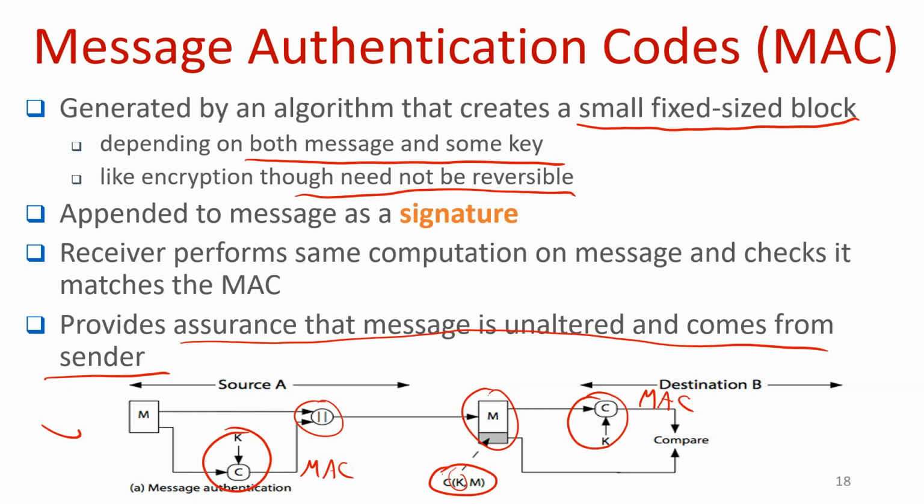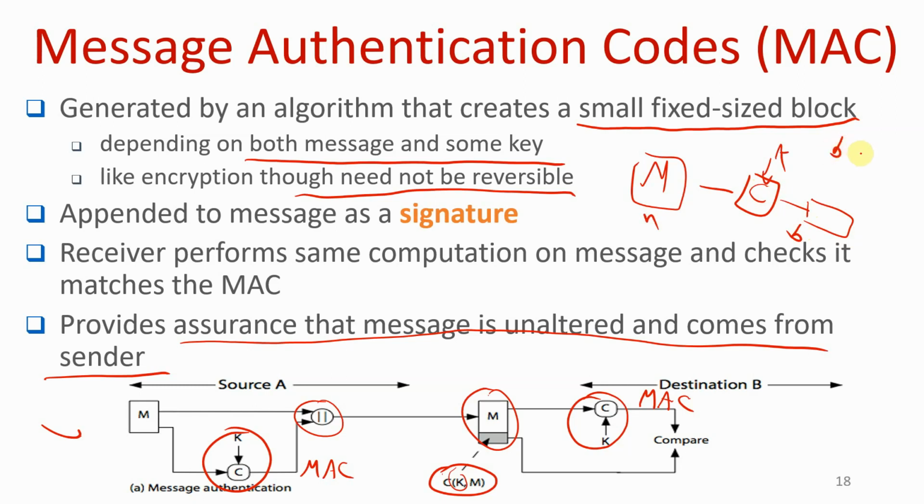There is, however, a very important thing to note here. The message may have a variable size. If it is passed to the message authentication code together with the key, it produces a fixed size block. Let's say the message has a fixed size n, and the message authentication code has a fixed size b.